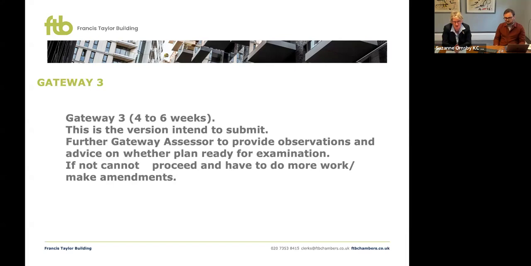But then there's further engagement of the gateway assessor, and it may be a different gateway assessor to the previous one, that's unclear. That gateway assessor will again provide observations and advice on whether the plan is ready for examination. If the gateway assessor thinks it's not ready for plan examination and more work is required, then the local authority cannot submit the plan until the gateway assessor is satisfied with it and the amendments or the more work has been undertaken.